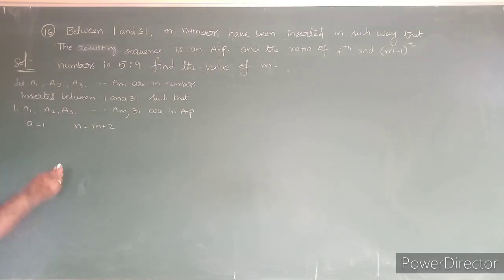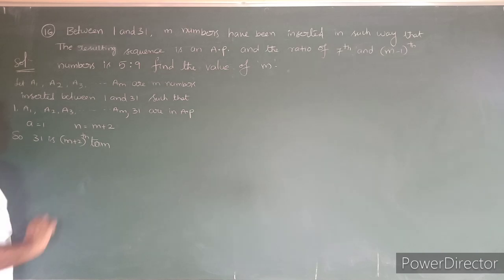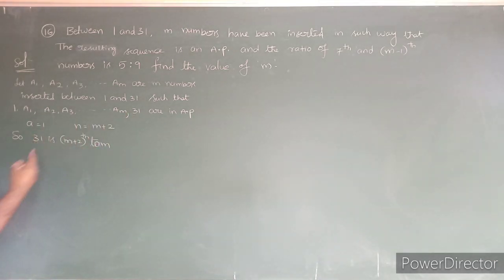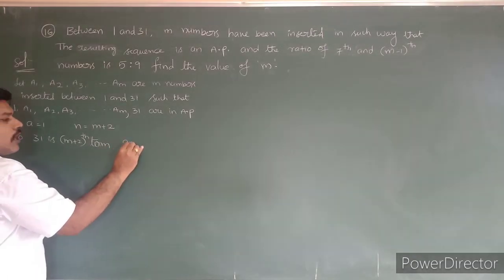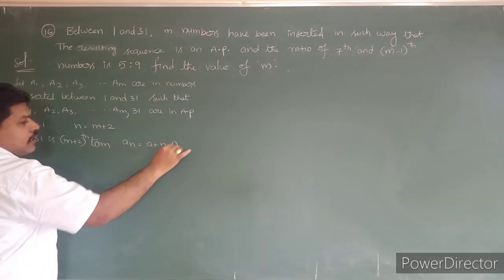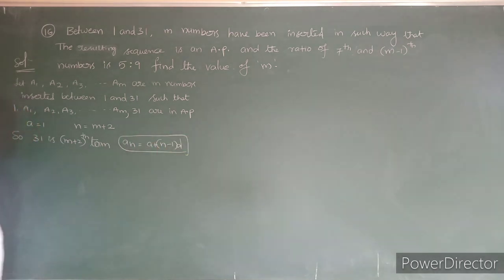So see this one here. Automatically, 31 is the (m plus 2)th term. So this is the last term, that number is equal to the (m plus 2)th term. Already you know the formula: the nth term is a plus (n minus 1) into d.